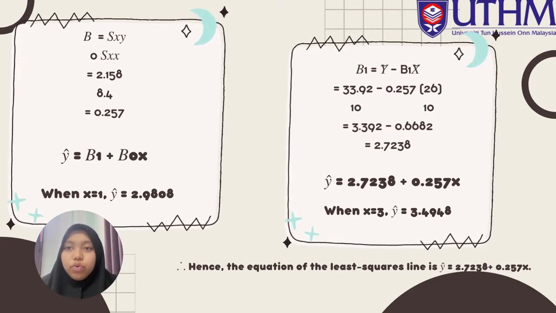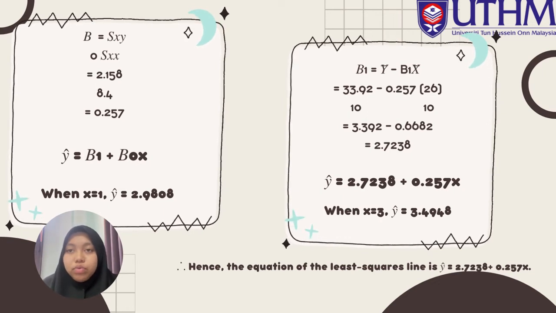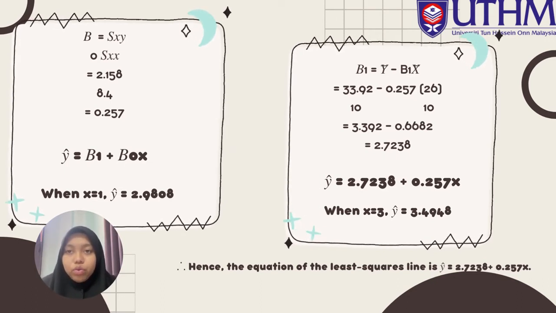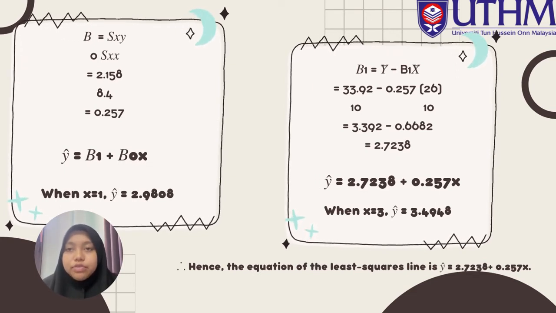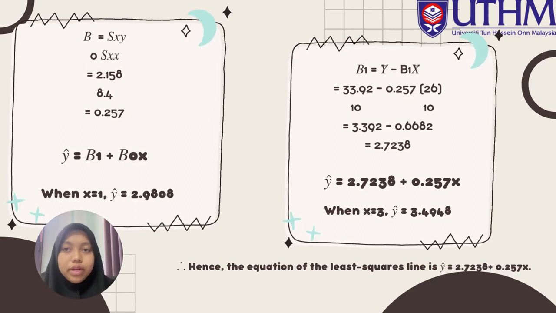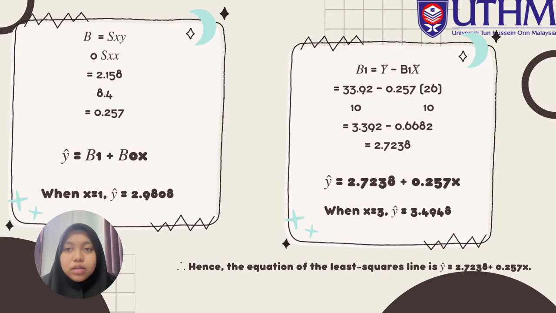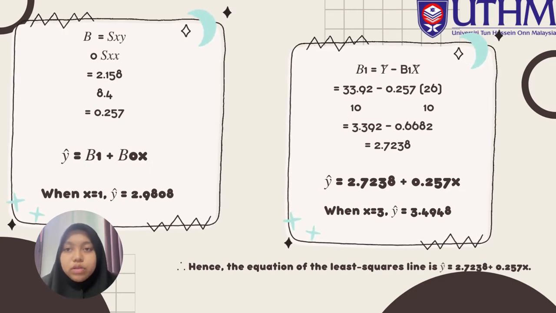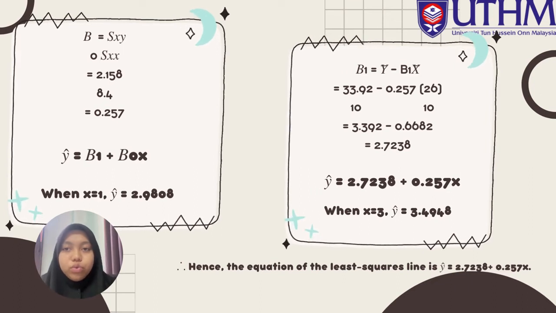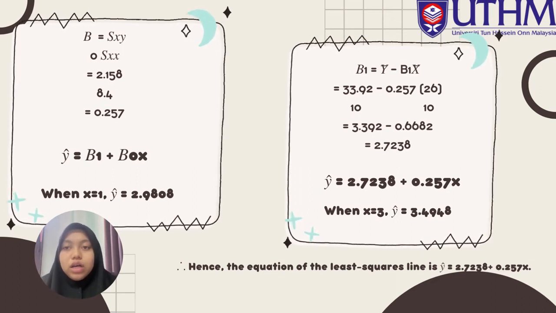0.257. And for B0, the formula is y prime minus B1 times x bar, which is 33.92 divided by 10 minus 0.257 times 26 divided by 10, and the answer is 3.392 minus 0.662, and we will get 2.7238.